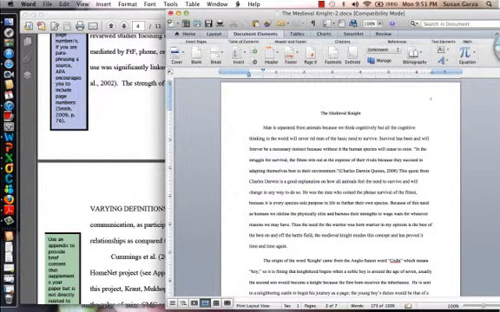Remember, you use a semicolon when the two sentences are ideas you just don't want to separate by a period. A warrior, in my opinion, is the best of the best on and off the battlefield. These are run-on sentences. The medieval knight exudes this concept and has proved it time and again.